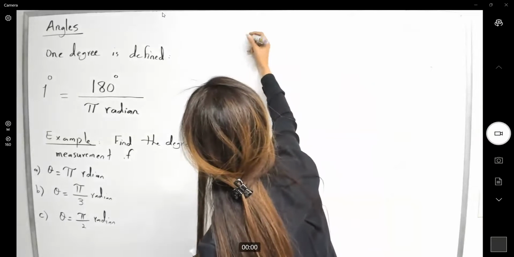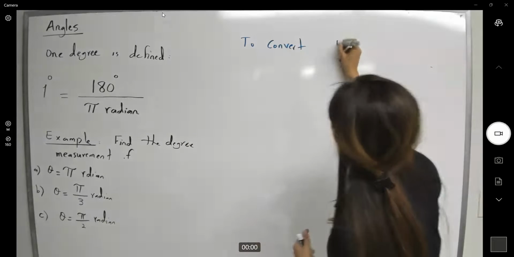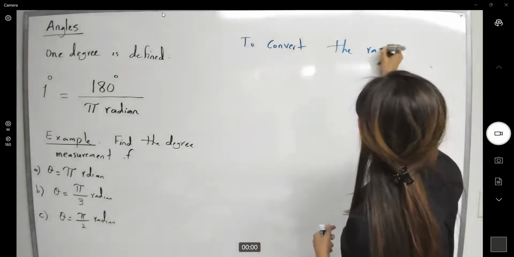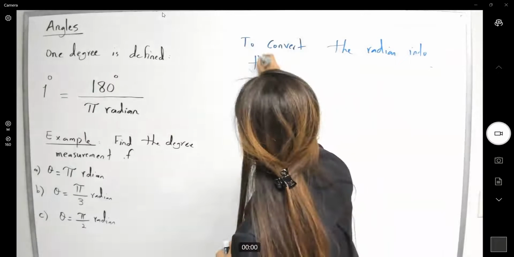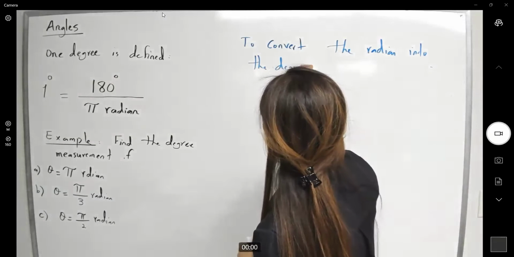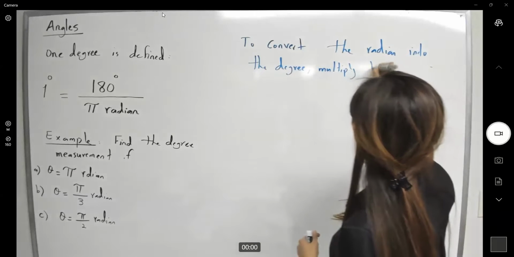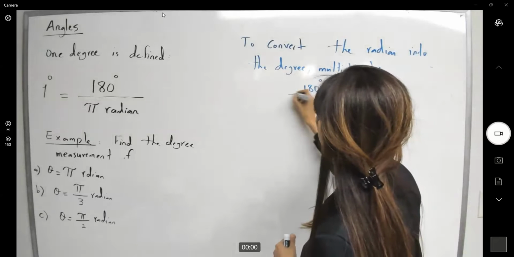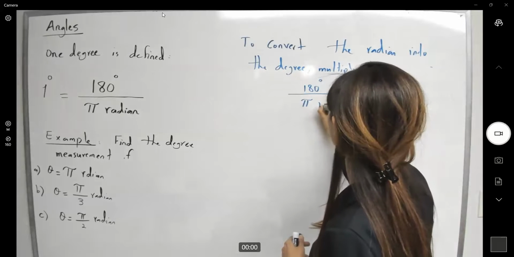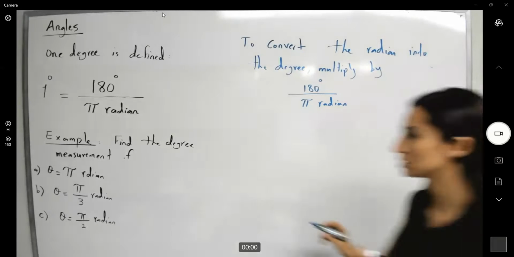To convert the radian into the degree, multiply by 180 degrees divided by pi radian. So let us do that for each of these.